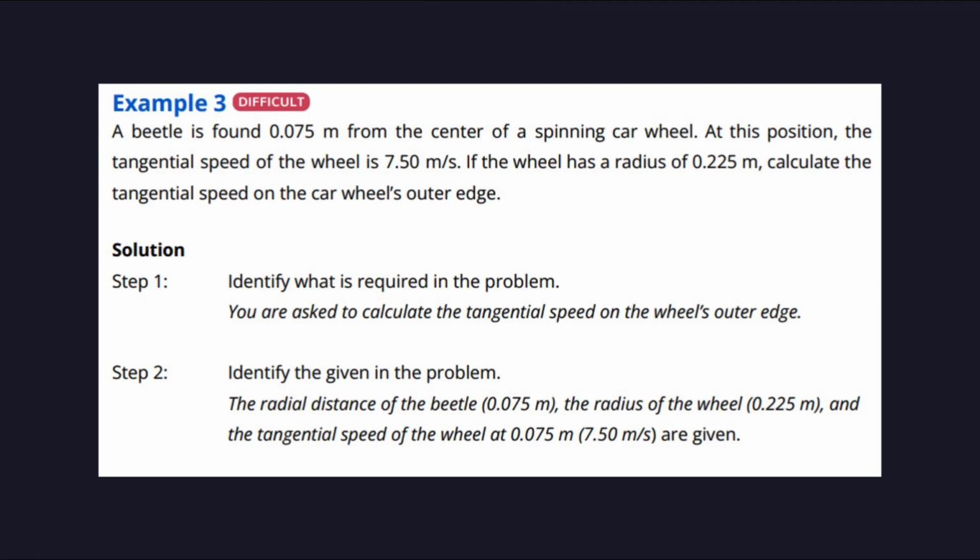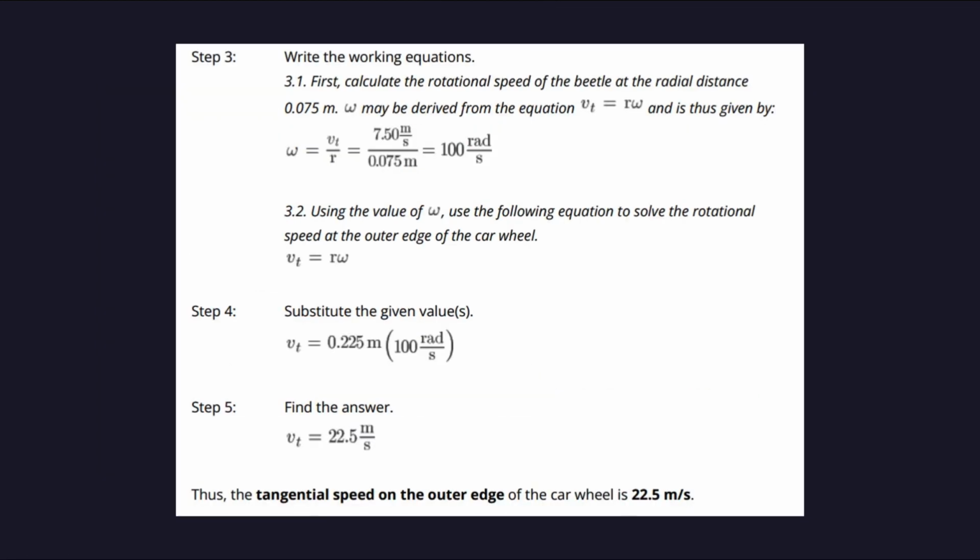If the wheel has a radius of 0.225 meters, calculate the tangential speed on the car wheel's outer edge. So, kay ang given man kay ang iyahang radius ug ang tangential speed, pasabot pa ang need na to pangitaon kay iyahang rotational speed.